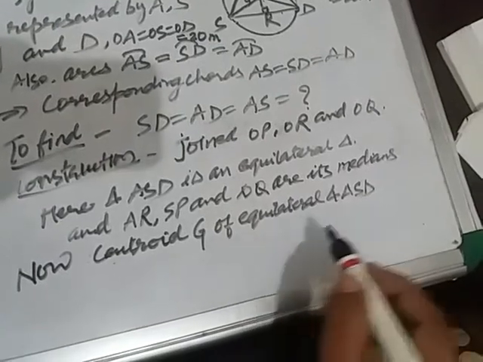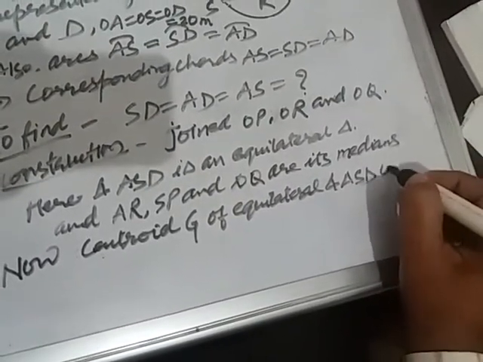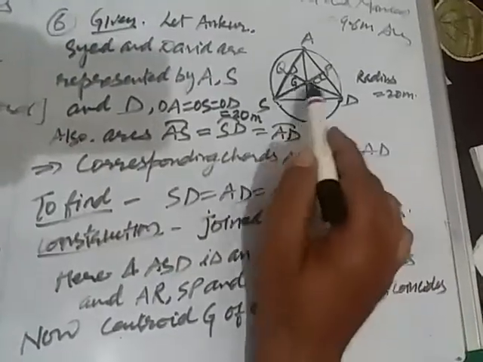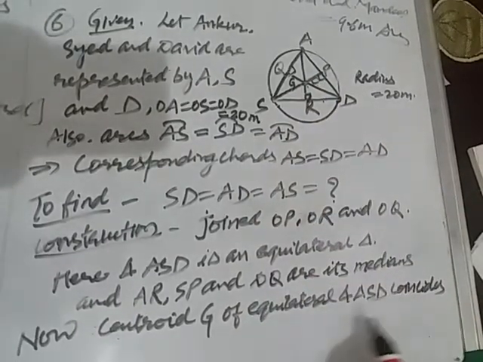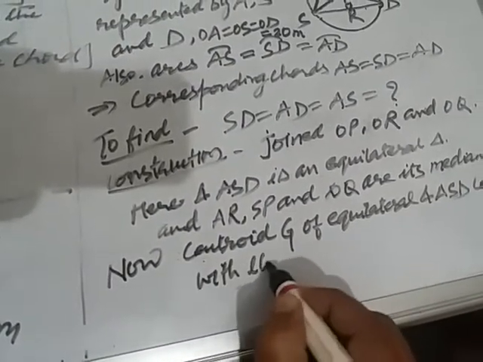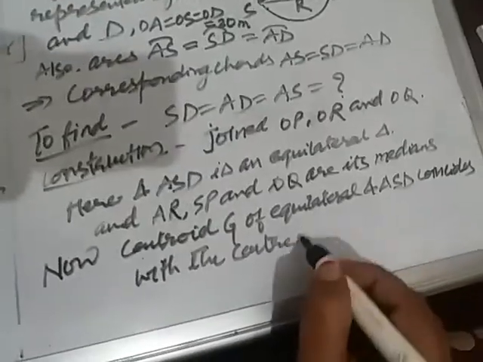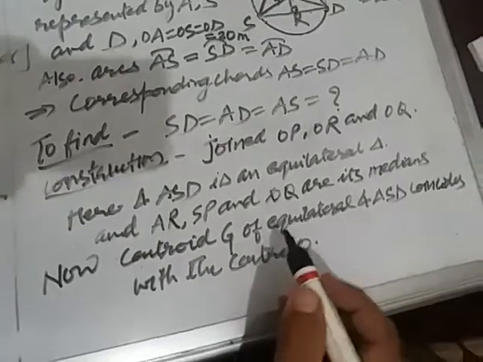Centroid G of equilateral triangle ASD coincides with the center O. Coincides means G and O are the same point, okay children.